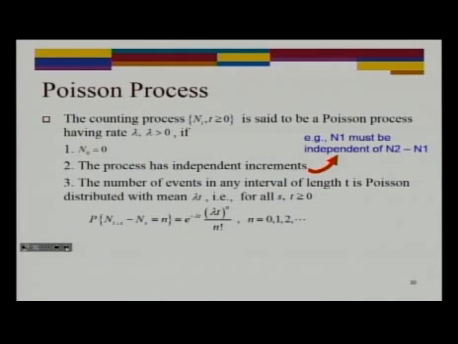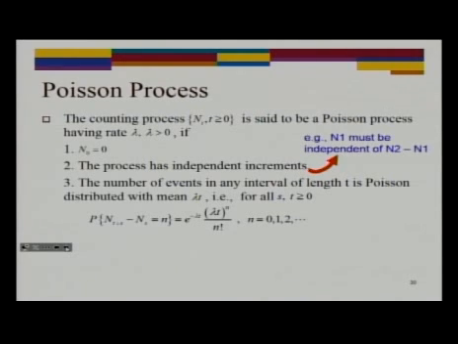Okay? So the counting process N sub t is said to be a Poisson process having a certain rate lambda, and lambda is assumed to be a non-negative value, if N sub 0 equals 0, which means the counting of events begins at time t equals 0, and the process has independent increments.